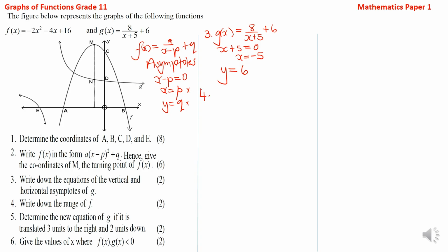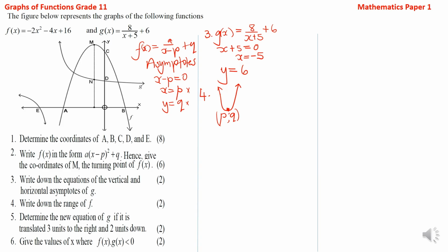Question 4. Write down the range of f. Now, for the graph of the parabola, we want to write the range. I'm just quickly going through the idea here. Let's say this is my function. The coordinates of the turning point are p and q.